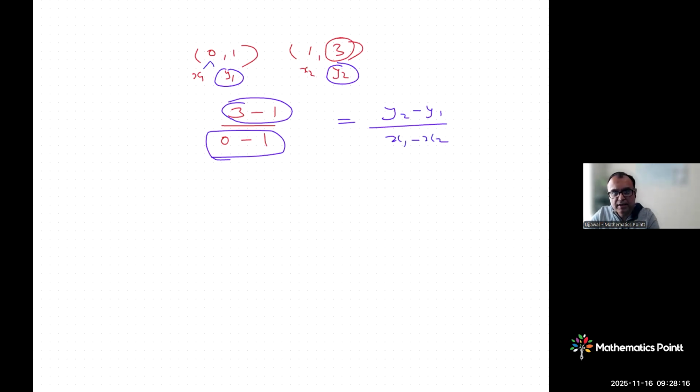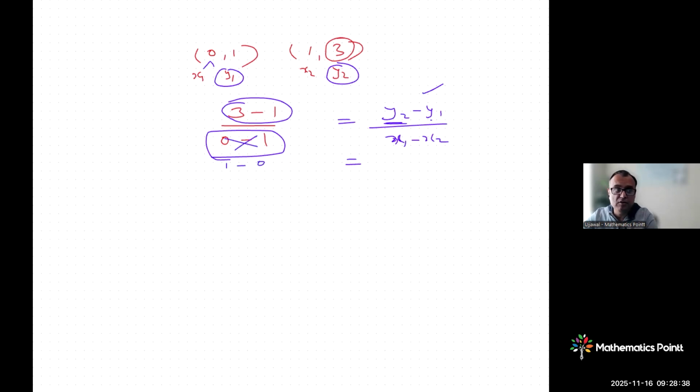When you're taking the second coordinate take away the first coordinate on the numerator, you need to be doing the same in the denominator. So it should be 1 take away 0, not 0 take away 1.